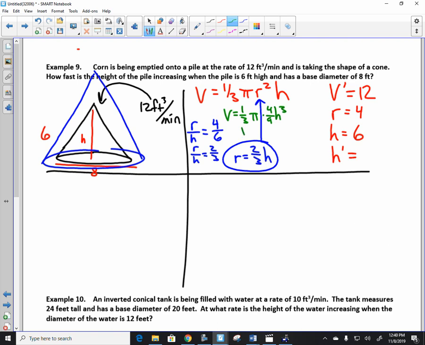So the volume is equal to 4/27 pi times h cubed. That's my new formula in terms of just h.